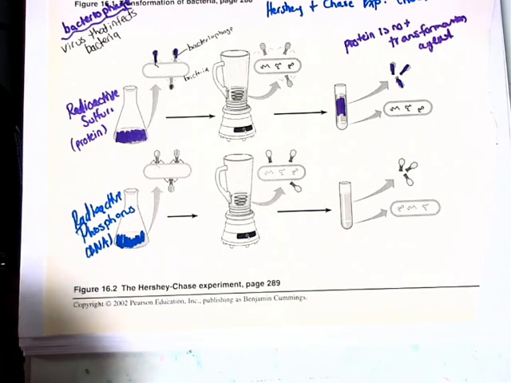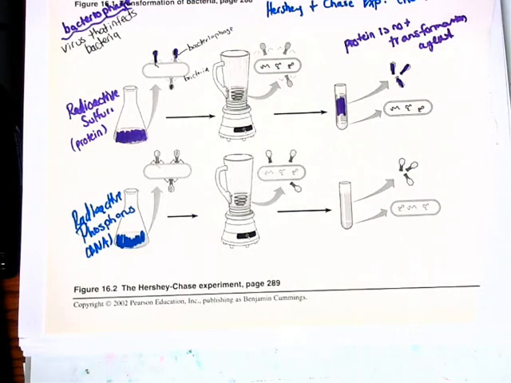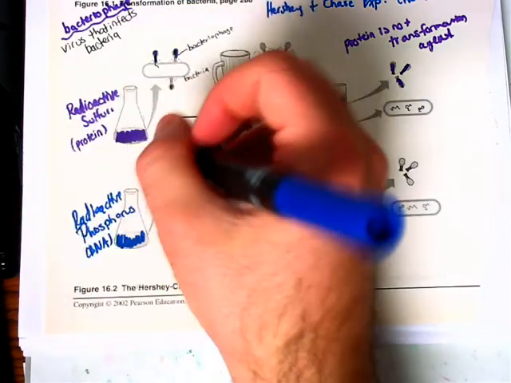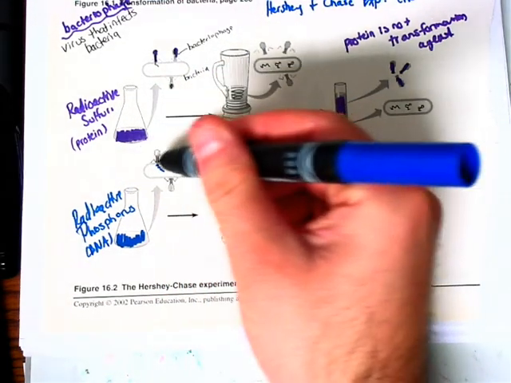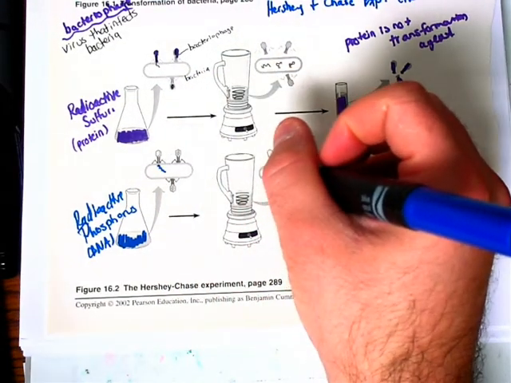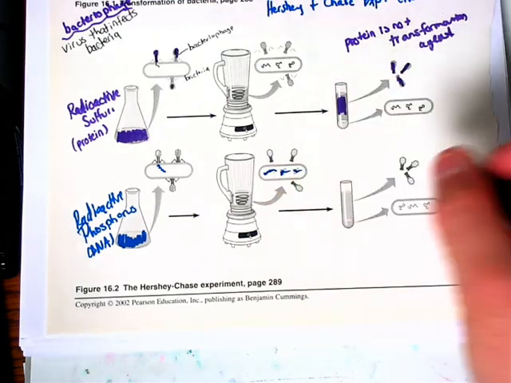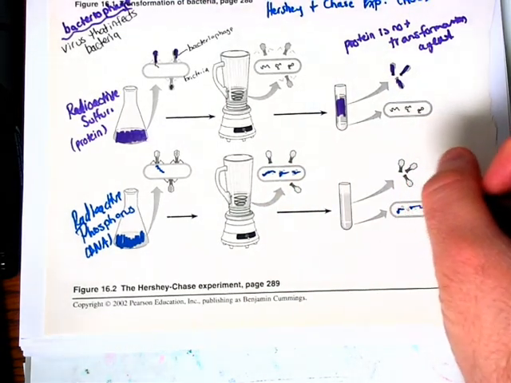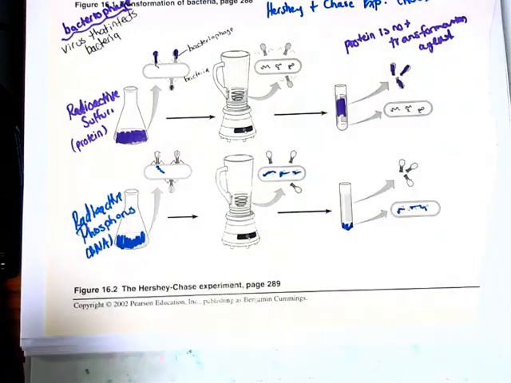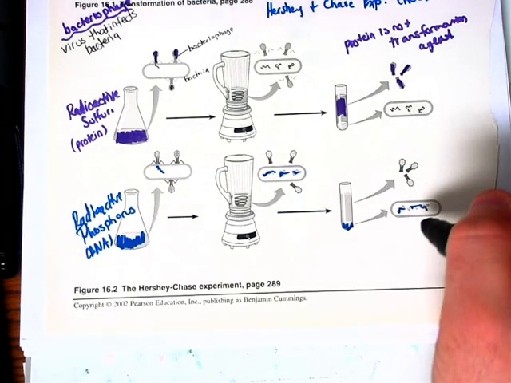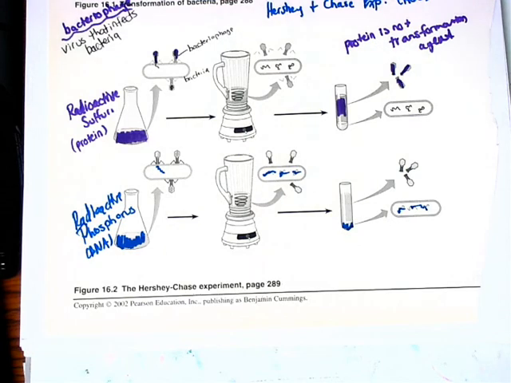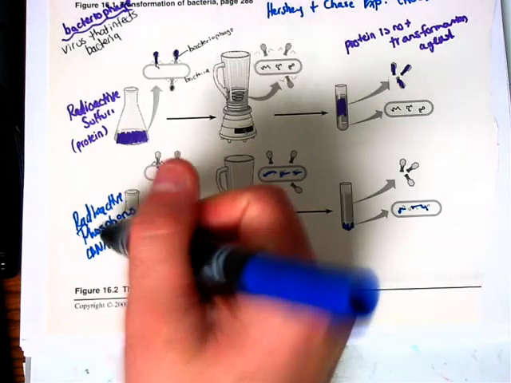But we did see that when you use the radioactive phosphorus, which was in the DNA that was inserted into the bacteria, we examined this in the end. So really what this comes down to is the simple fact that when they checked the bacteria cell at the end, the only radioactive isotope that they saw was not sulfur but phosphorus.